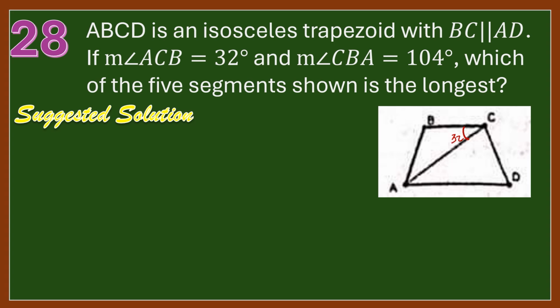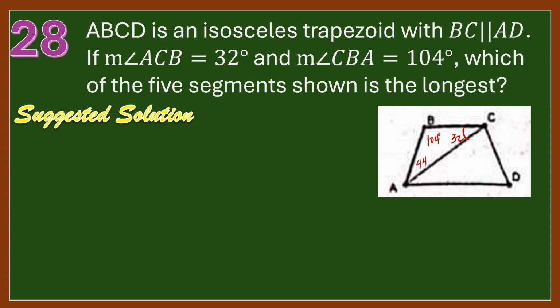Also, angle CBA is 104 degrees. The interior angles of a triangle sum up to 180 degrees. So we have angle CAB equal to 180 minus 104 plus 32, that is 136. Therefore, angle CAB is equal to 44 degrees.